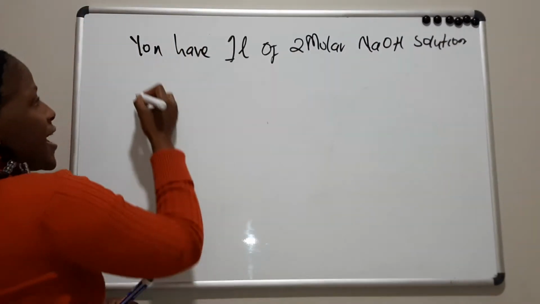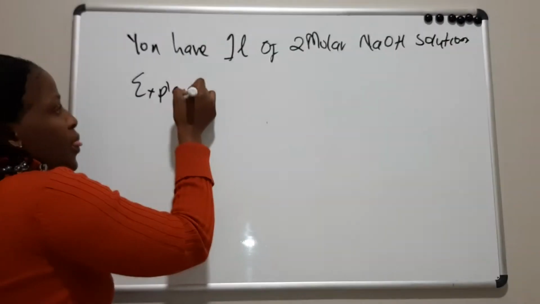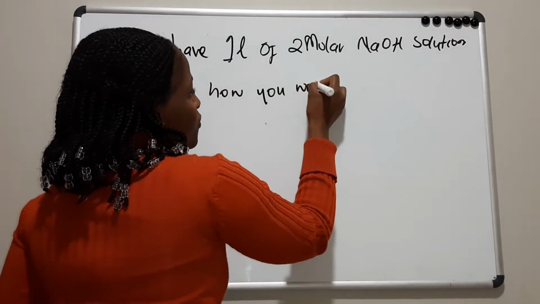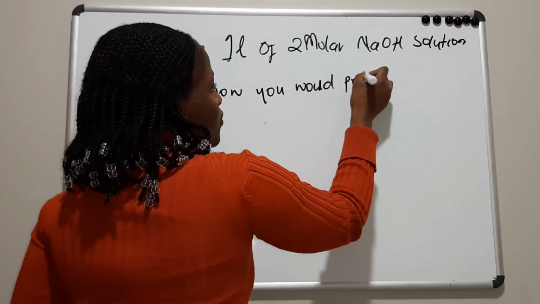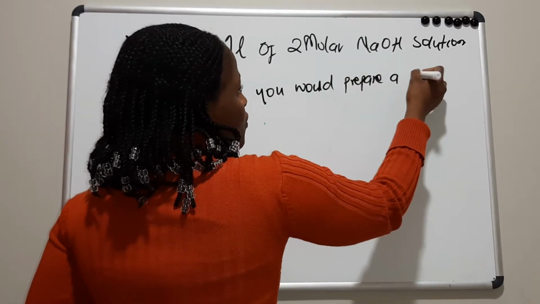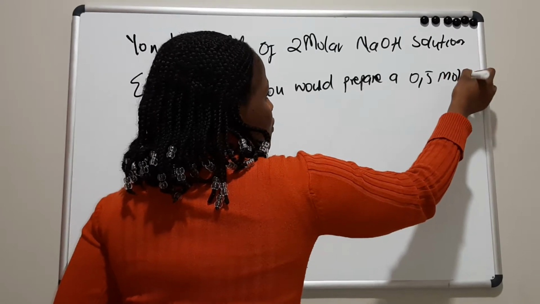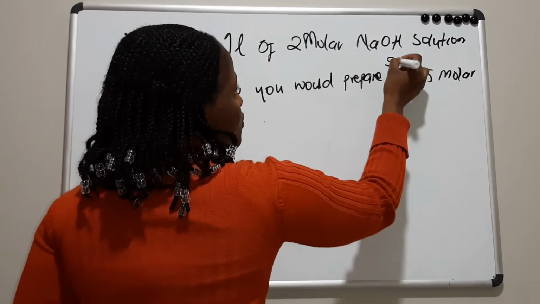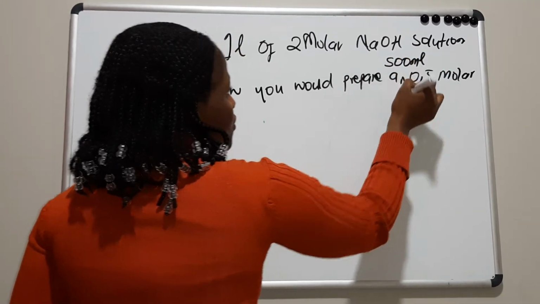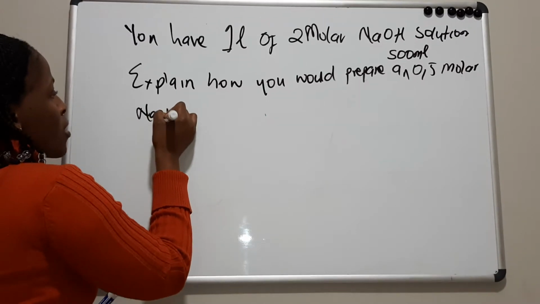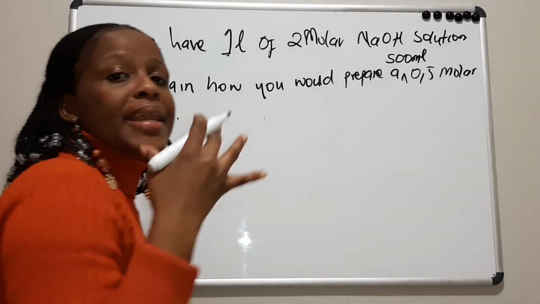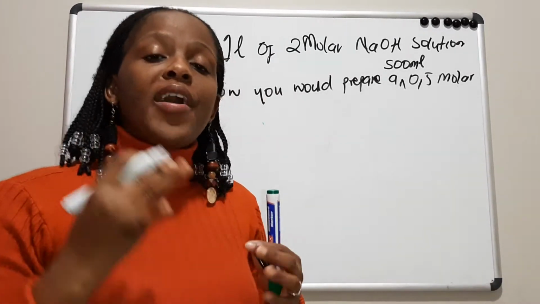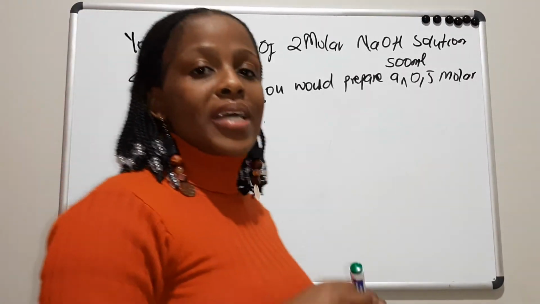And then now they say, explain how you are going to prepare a 500 ml 0.5 molar sodium hydroxide solution.